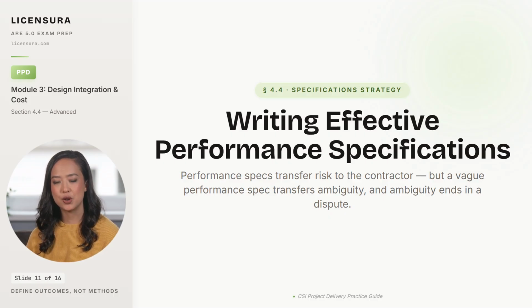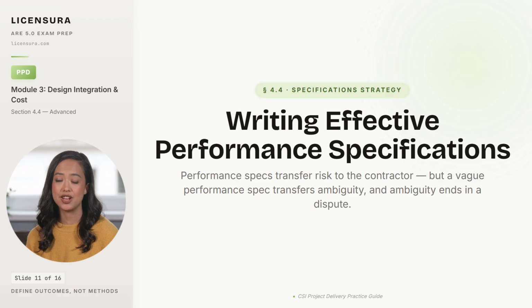But the transfer only works if the architect defined the result in measurable, testable terms with an acceptance procedure attached. A performance spec that says "high-quality finish" or "industry-standard fastening" is not a performance spec.